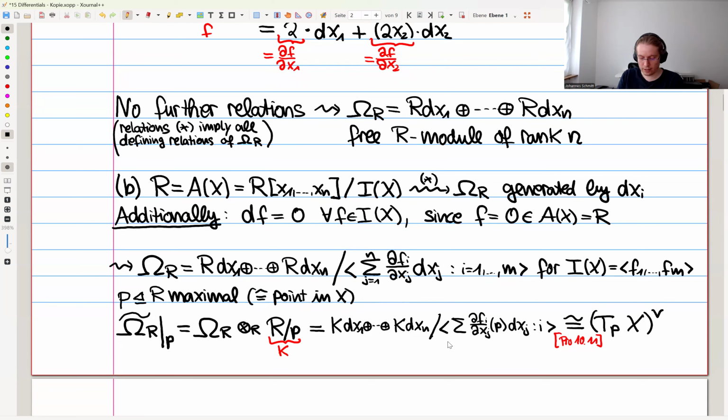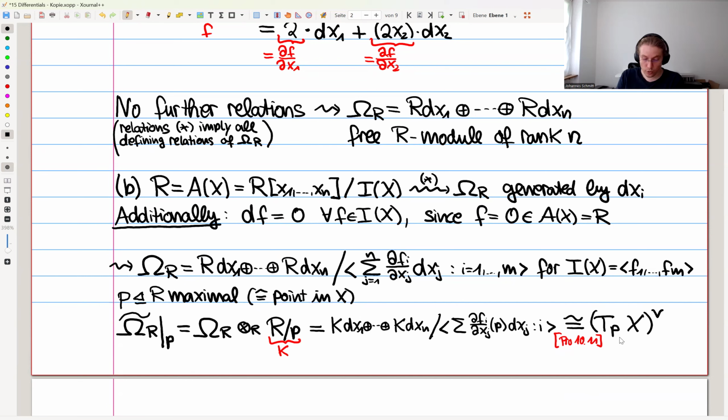And then this just becomes this quotient here. Okay, but this thing, so somehow you have n copies of K and you divide out by all of these formal symbols here for the generators of your ideal. This we have seen back in the days when we talked about tangent spaces. This is just one presentation of the cotangent space of X at the point P.